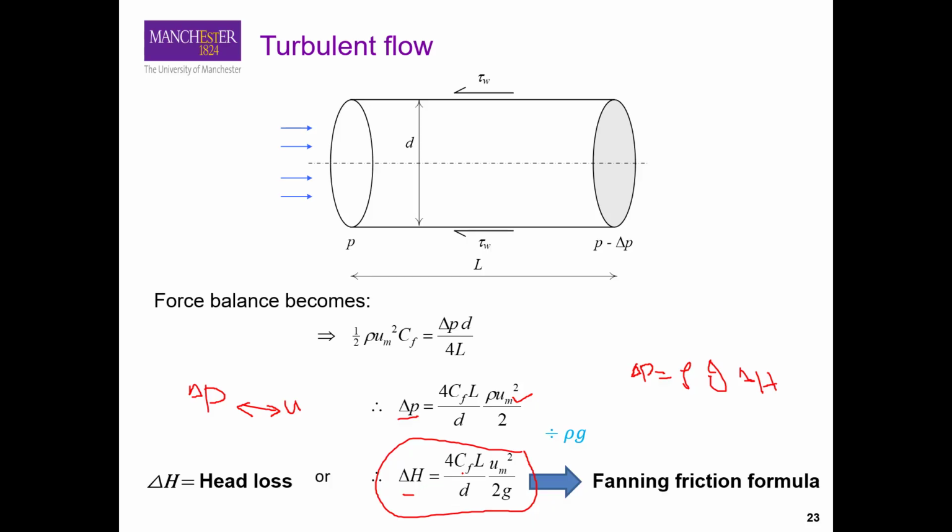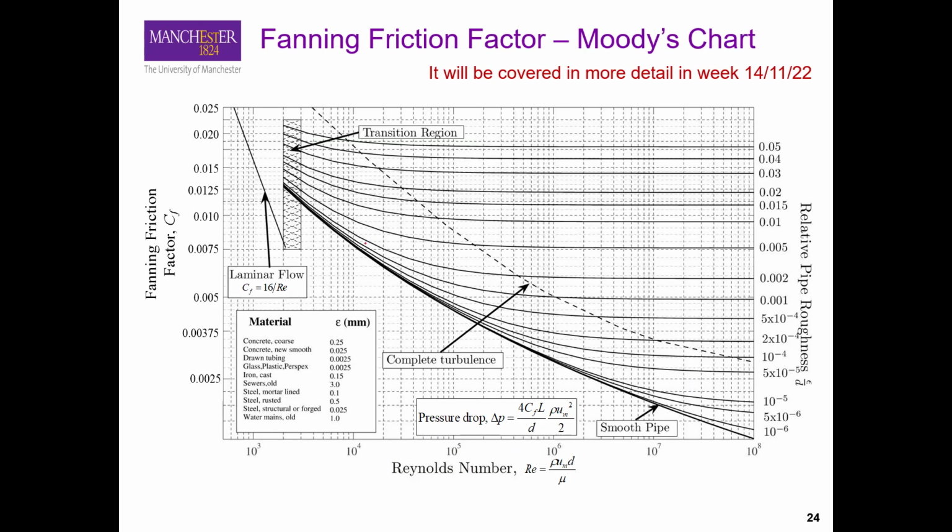And how can we get this Fanning friction factor? We have to use, again, very complicated charts. For example, this one is called the Moody chart, and again, you will discuss these friction factors in much more detail in lecture 7. But just to introduce this chart to you, on the y-axis we have the Fanning friction factor, on the x-axis we have the Reynolds number, and on the secondary y-axis we have the pipe roughness, okay.